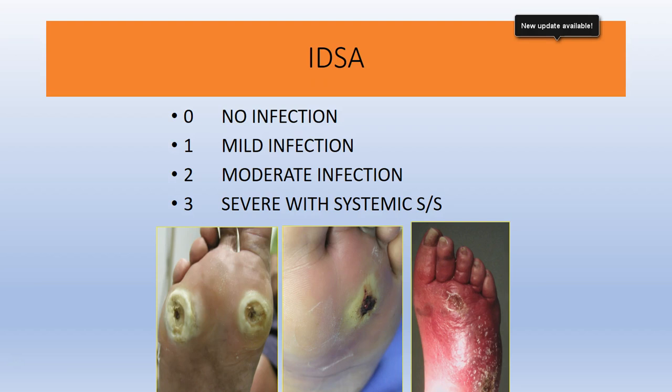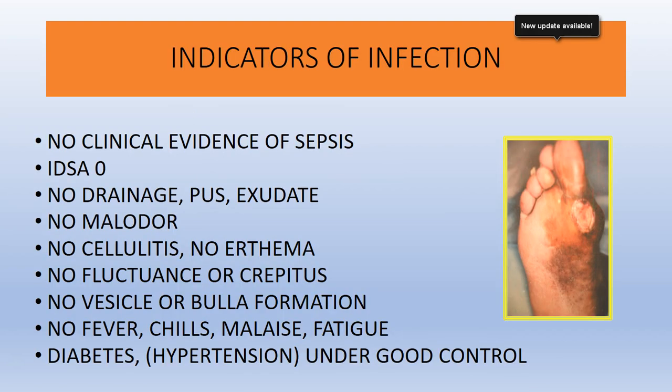We could say that I'm following the recommendations of the Infectious Disease Society of America, and hospitalization was not mandated. So it's important to learn the characteristics that confer the classification of no infection, mild, moderate, or severe infection.